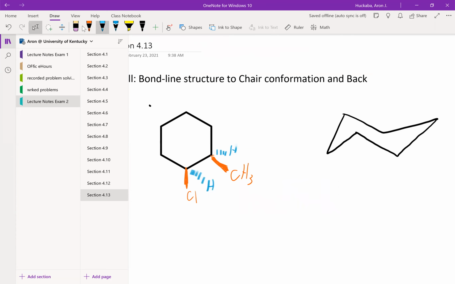So just for convenience, let's say that this carbon here is going to be this carbon. There we are. And so if the Cl is up, technically, that means of the two options, axial and equatorial, we need the Cl to be attached to the bond that is the most up or most vertical.